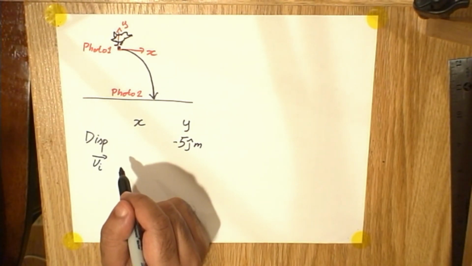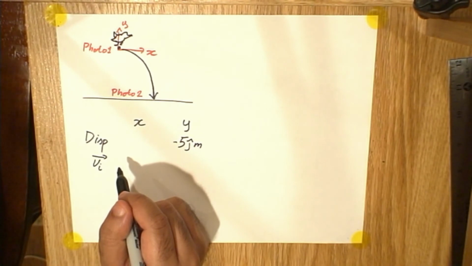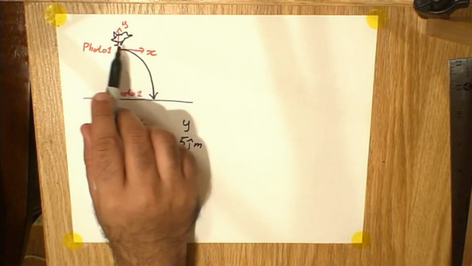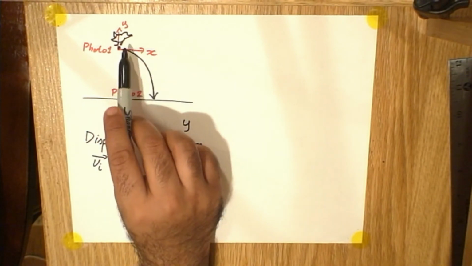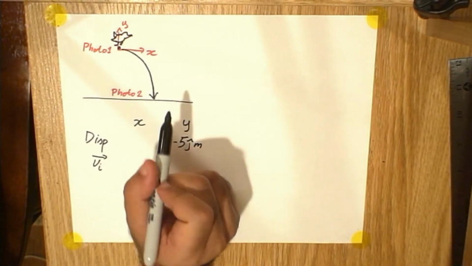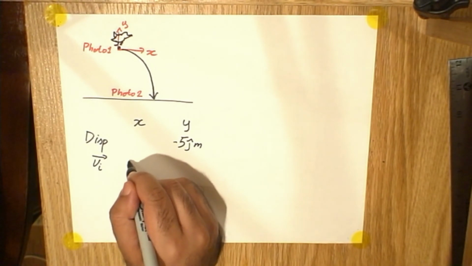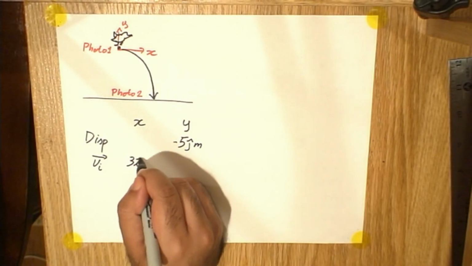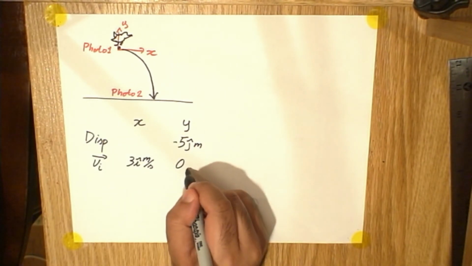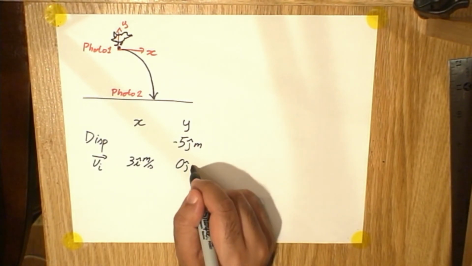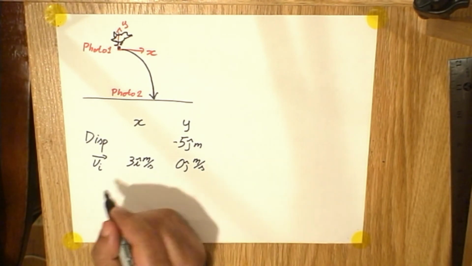The fish was originally not moving in the vertical direction, but it was moving horizontally along with the eagle. So there is only a horizontal component, and that was 3 i hat meters per second. There was no vertical component, so its initial velocity there is 0 j hat meters per second.